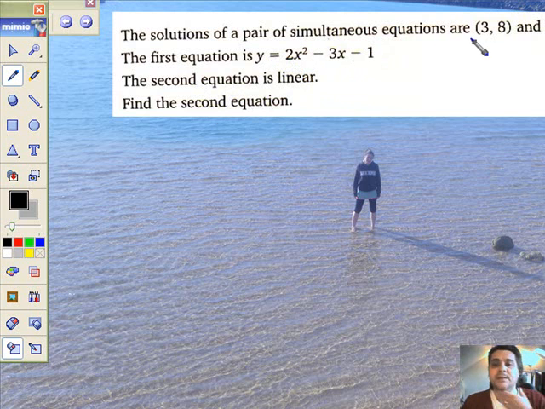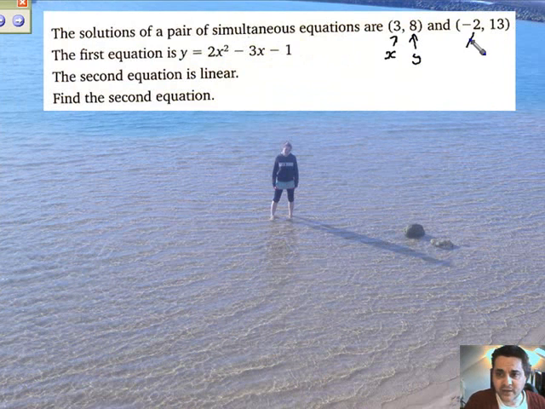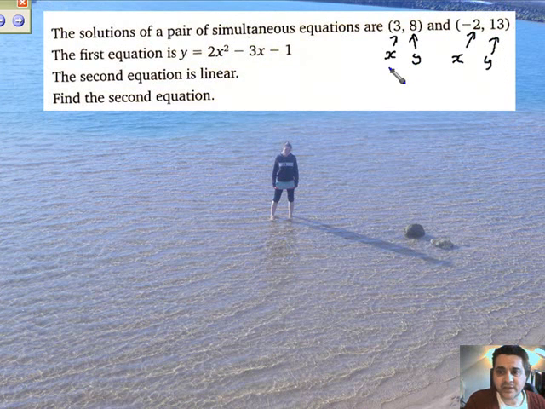Look at that. If these are the solutions, then that is an x value, that is a y value, that is a different x value, and that is the different y value. So 2 sets of answers, 4 individual values for the x and the y's all combined. We're given the first equation being quadratic. We're not asked to solve anything. We have the solutions.